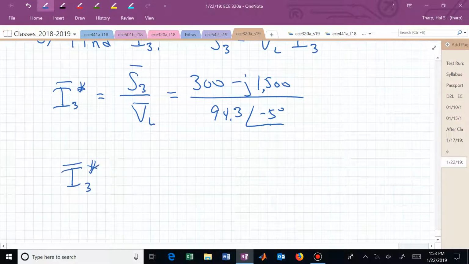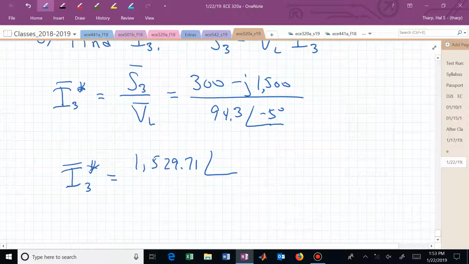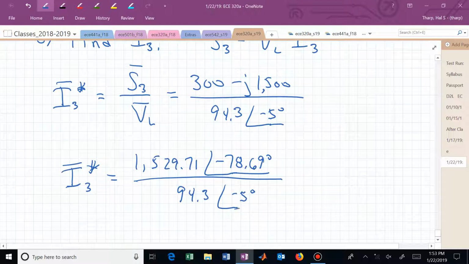Again, since we are performing a division, we probably want these complex quantities in polar form. The polar form of the complex power of S sub 3 is 1529.71 at an angle of minus 78.69 degrees, all divided by 94.3 at an angle of minus 5 degrees.